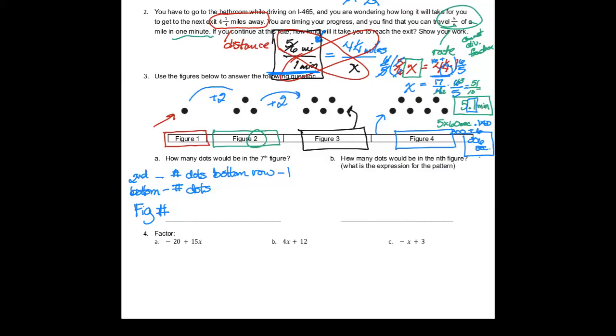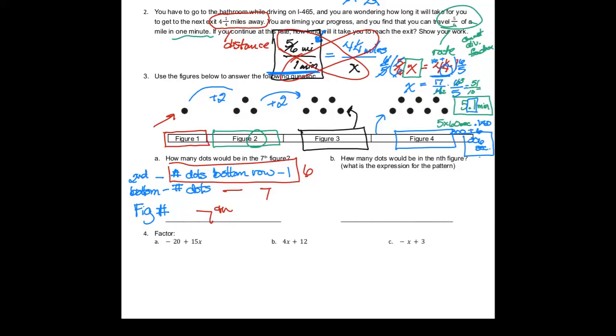So if I'm talking about the seventh figure, how many dots are on the bottom row? 7. How many dots are in the row above, which is the number of dots from the bottom row, minus 1? 6. And so, do I add those? Do I multiply?